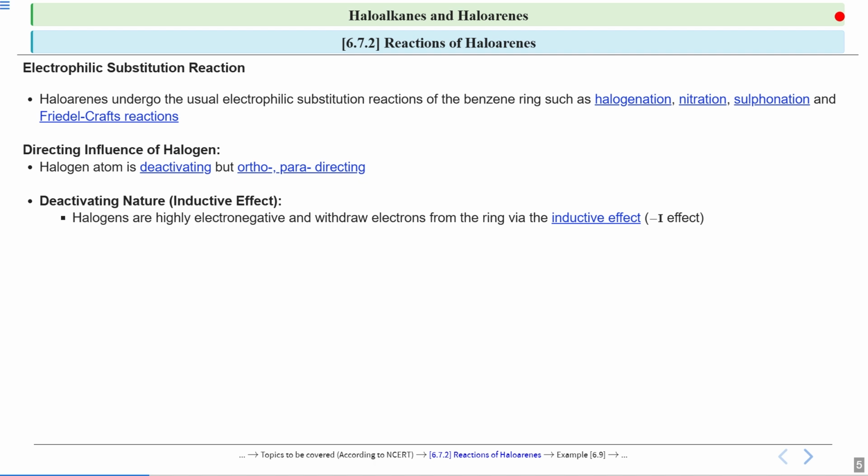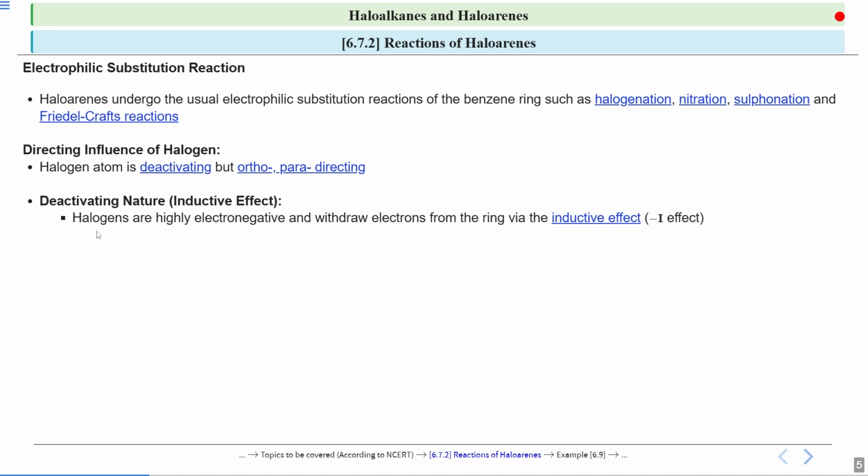An electron withdrawing group, which here is the halogen, pulls the electron density away from the rest of the molecule, resulting in a reduction in electron density along the chain or along the ring.